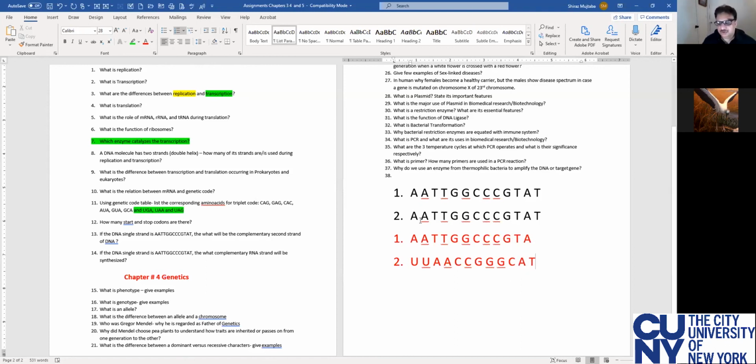So there is a relationship, right? We know that nucleotide A binds with T by a double bond, and nucleotide G binds with C by a triple bond. So there is a relationship, and this relationship is called complementarity.